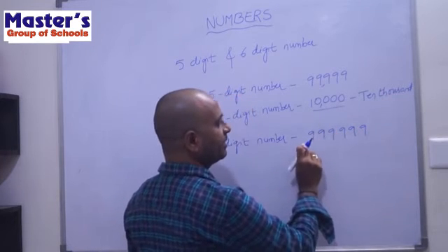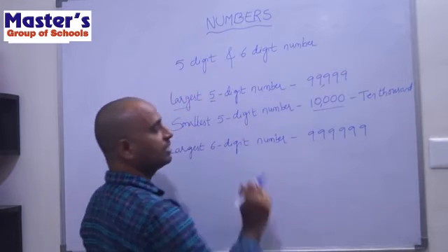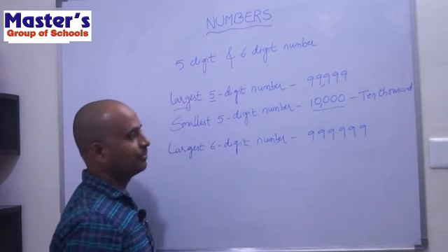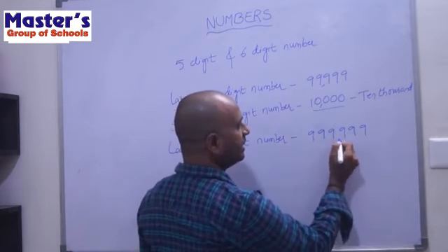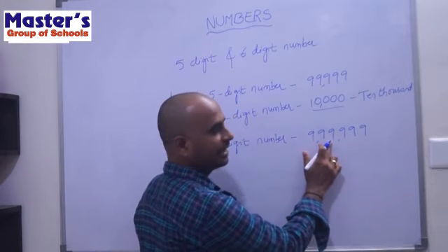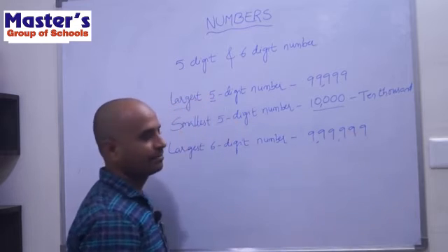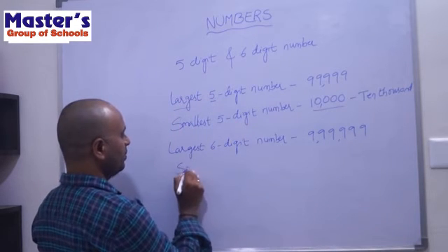This number becomes the largest 6-digit number, and it can be read as 9,99,999.